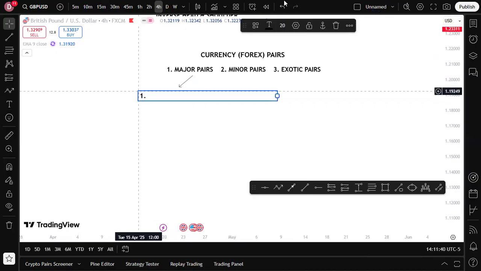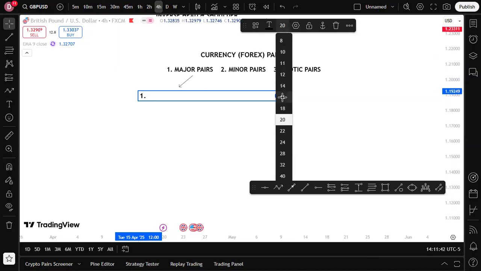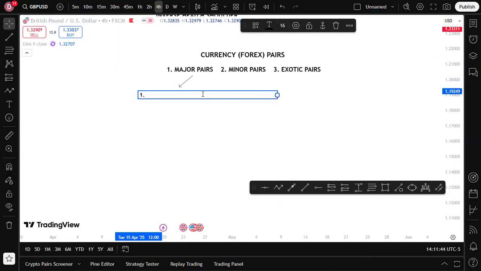Now, the first one, let me reduce the size of this. You can choose how to arrange it, it doesn't really matter. The euro, let me use this to separate it. So we have the euro USD, right? The second one we have the GBP versus the US dollar. The third one we have the USD versus JPY, the Japanese yen.